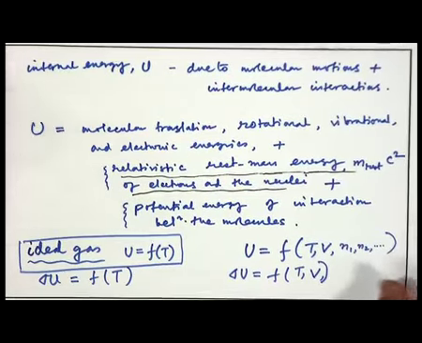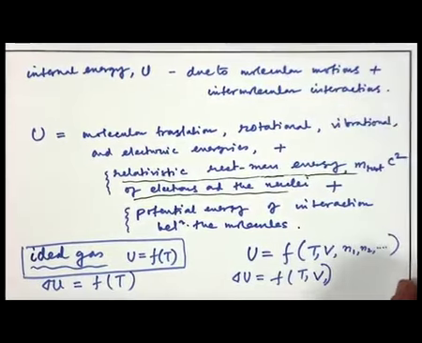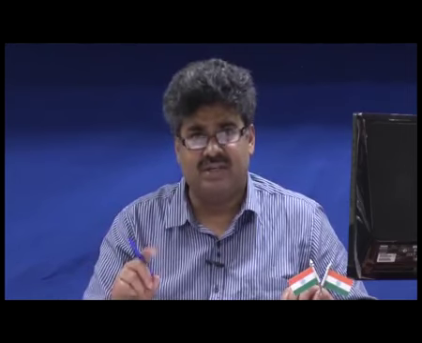If temperature is fixed, there is no change in internal energy. So, just keep in mind that for a closed system, the internal energy of an ideal gas only depends on temperature.